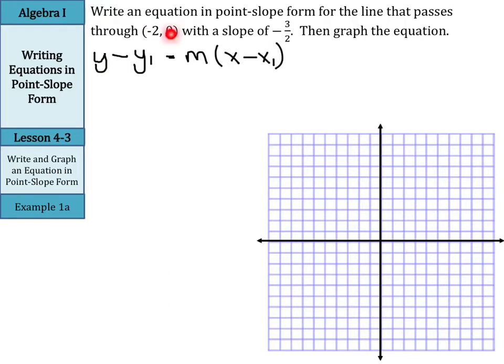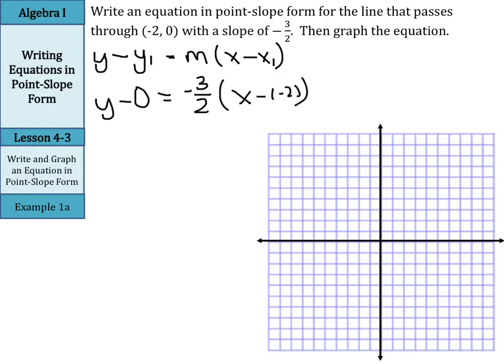The (-2, 0) is going to go into our x1 and y1, and our slope will go into m. So we're going to have y minus, our y1 is 0, equals our slope of -3/2 times x minus a negative 2.